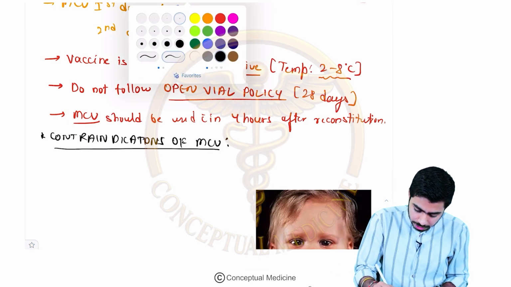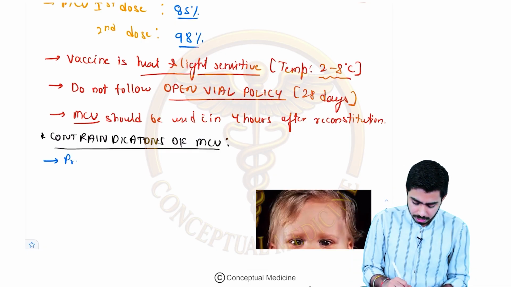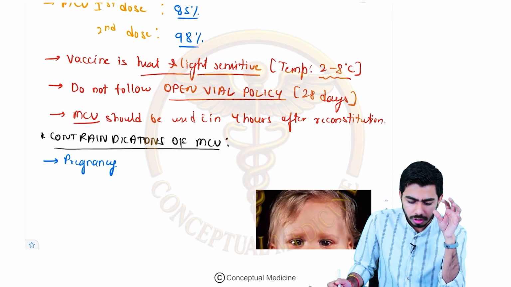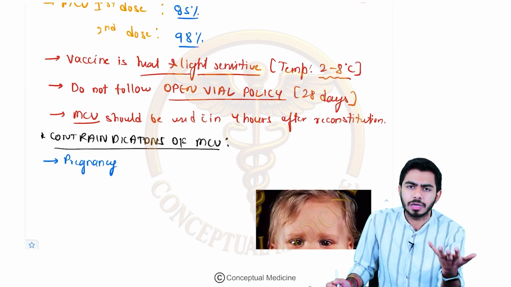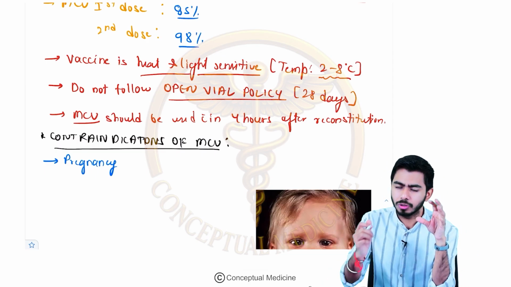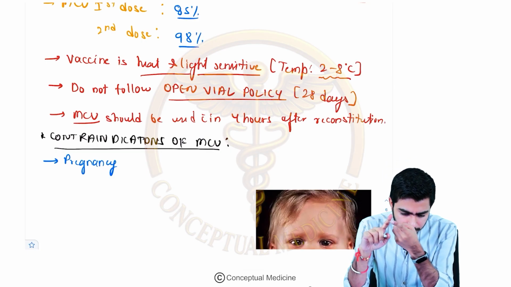If you talk about the contraindications, basically here we can say that in pregnant ladies, in pregnancy, we should not give this MCV, because if you give this vaccine it might cause teratogenicity, for example. So we should not give it to pregnant females.